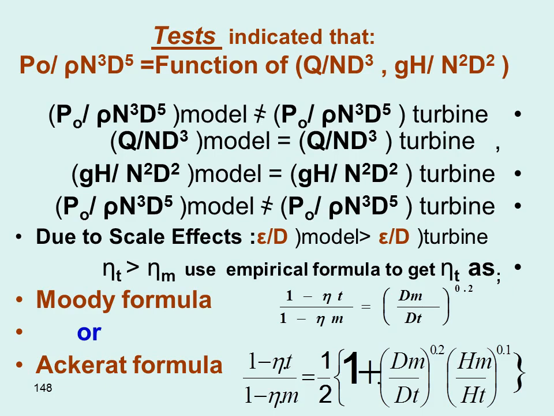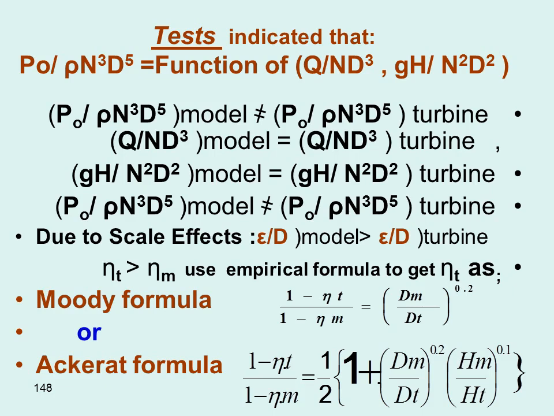But if the dimension ratio between turbine and the model is greater than 1, we can find that the effect of relative roughness in the model will be greater than that of the turbine, and this means that the hydraulic losses in the model will be greater than that for the turbine, and consequently, the efficiency of the turbine will be greater than the expected efficiency from the model.